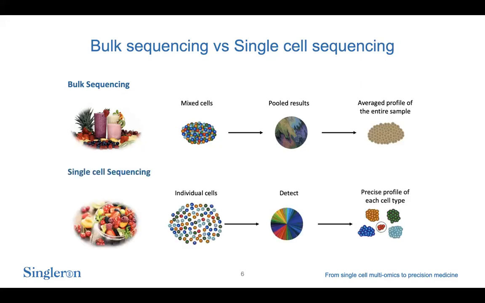So the major difference between bulk sequencing and single-cell sequencing is that as an input in single-cell sequencing, you take the actual individual cells. So basically, you don't start with the piece of tissue, but you dissociate this tissue into individual cells, and you extract the RNA from each of these cells separately in a very, I would say, elegant manner that I will explain in detail a little bit later.